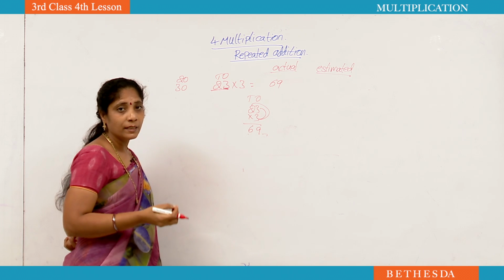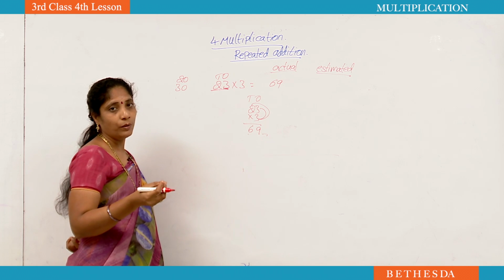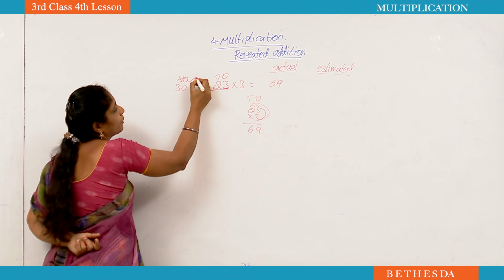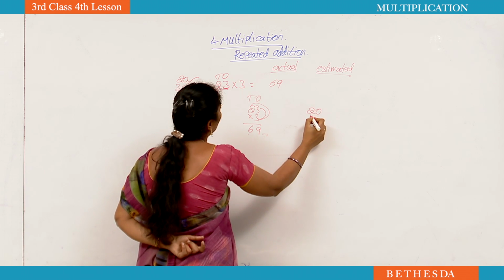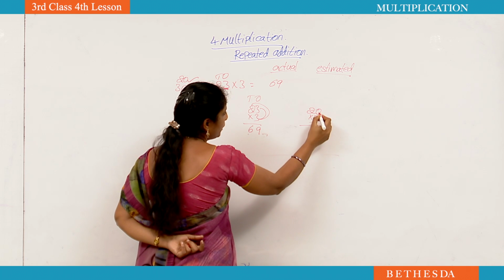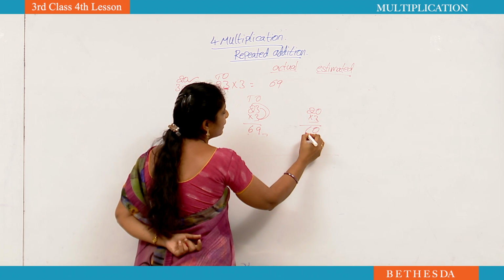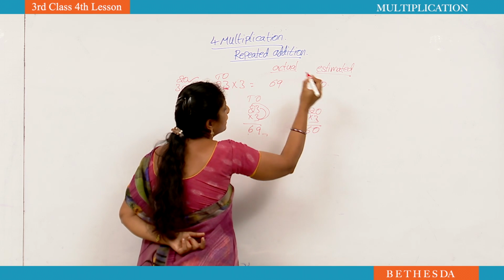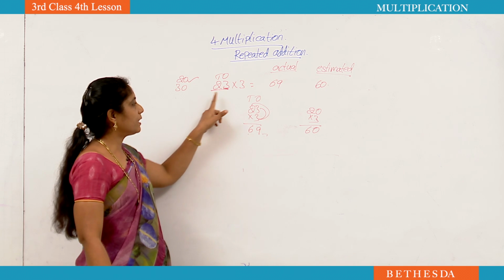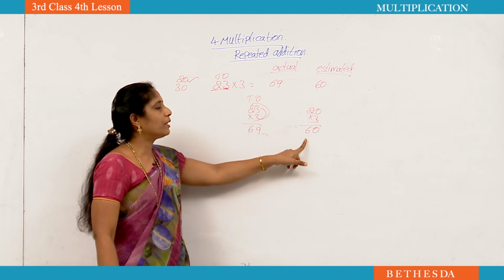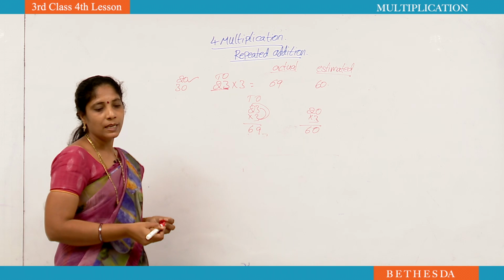The ones place number is smaller than 5. That's why we have to take the smaller number. Now the estimated product is 20 into 3. 3 zeros are 0, 3 twos are 6. The estimated product is 60. Did you understand this? The actual product is 69, the estimated product is 60.